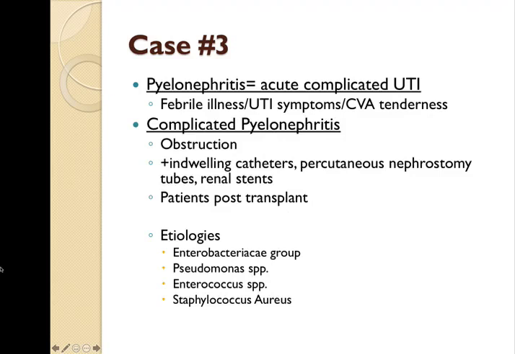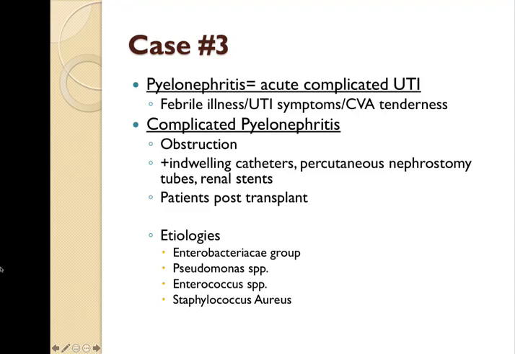Okay. So remember that pyelonephritis by definition is an acute complicated urinary tract infection with typical manifestations being fevers, UTI symptoms, and CVA tenderness. Complicated pyelonephritis is a pyelonephritis that, on top of what I just mentioned, occurs in a patient that has a known or just diagnosed obstruction.